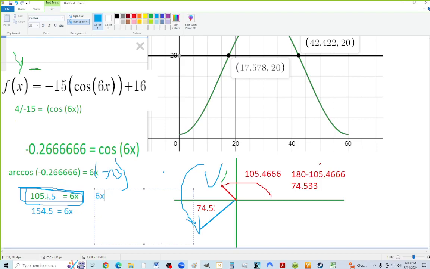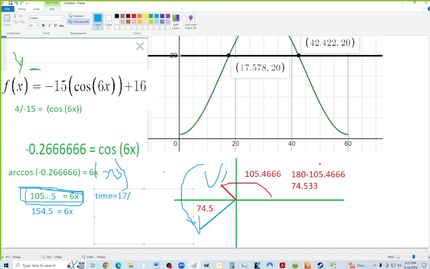6x is equal to 105.5. How do I solve for x? You're going to divide by 6 on both sides. So what is 105.5 divided by 6 according to your calculator? 17.583.